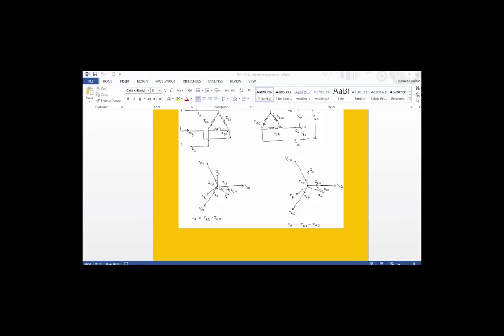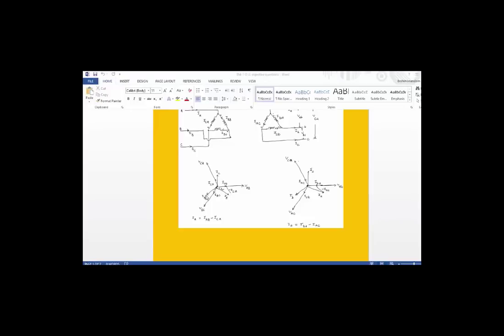So we know the IAB vector here and we know what is the ICA vector which is in phase with VCA. So extend that parallel and add negatively to the IAB vector so that this line indicates IA.